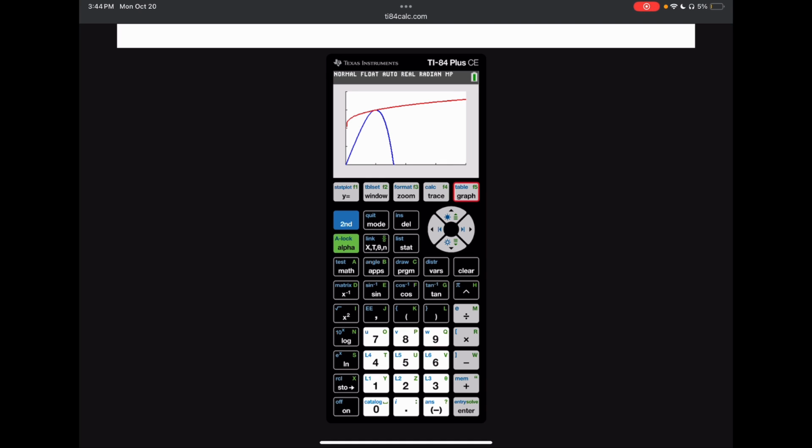So let's change our window again to be, let's go from 1 to 4, and then from 0 to 3.